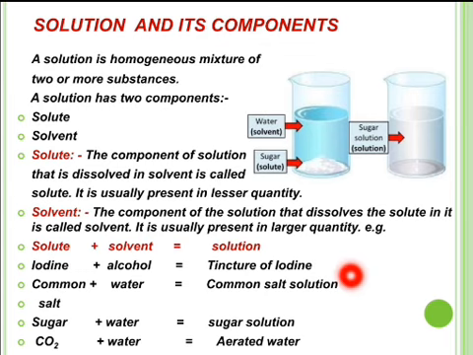Similarly, you might have drunk aerated water many times in the form of Pepsi, Coca-Cola, etc., or cans. These are examples of aerated water. In this type of solution, carbon dioxide is dissolved in water along with many other components like sugar and some preservative, all taken in less quantity and all dissolved in water, which is taken in large quantity.